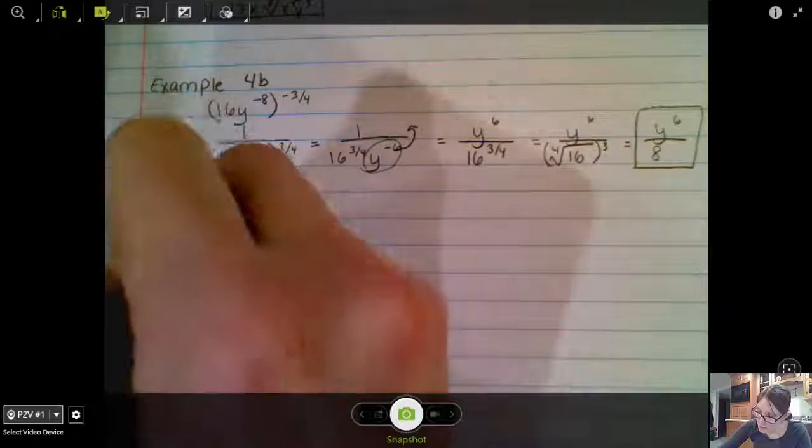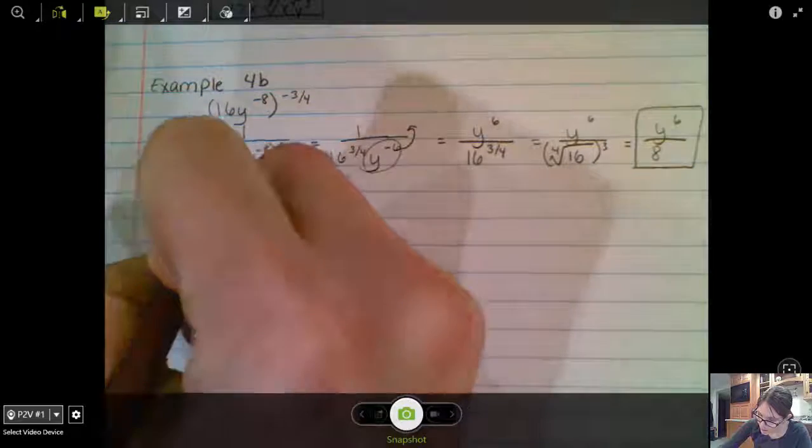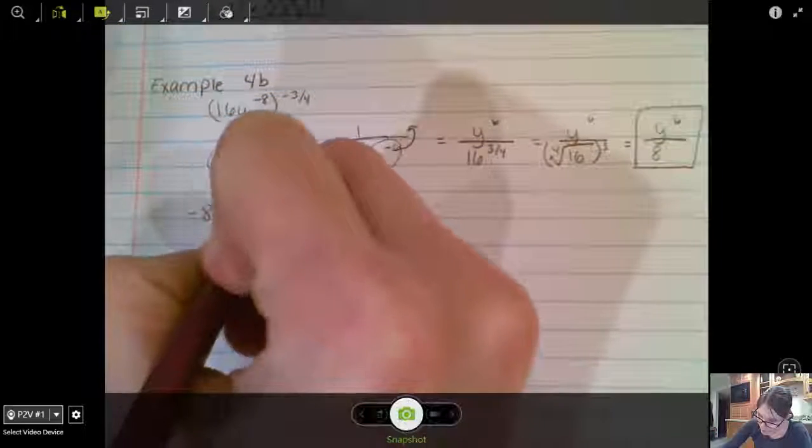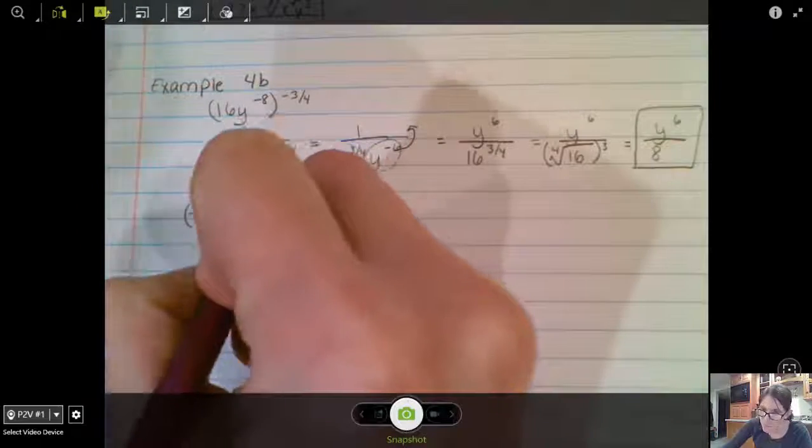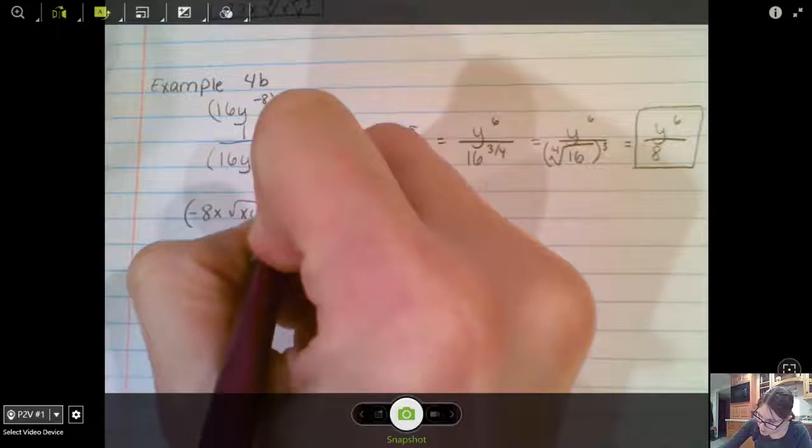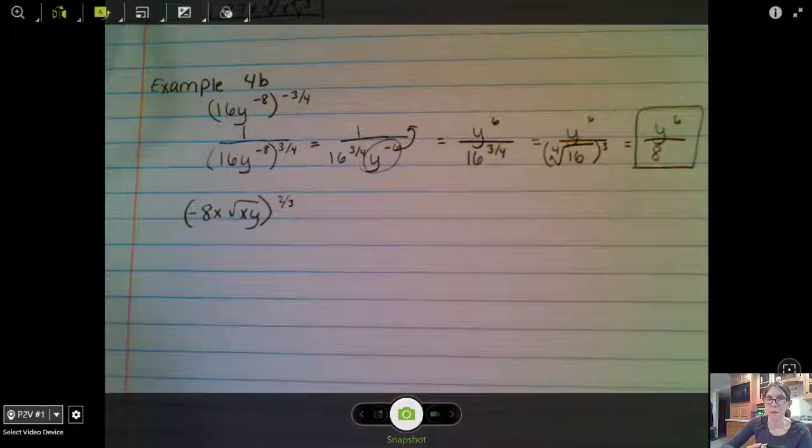Okay, last problem, let's do negative 8x square root xy, all to the 2/3 power. Okay, we have a couple different ways we could go about doing this.